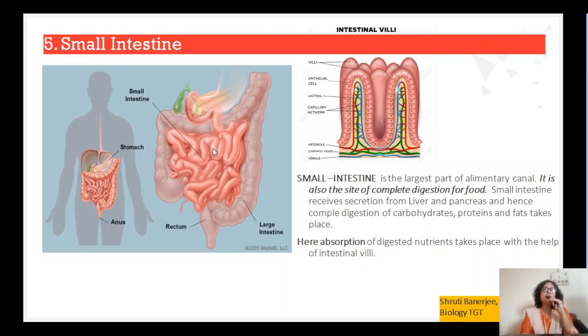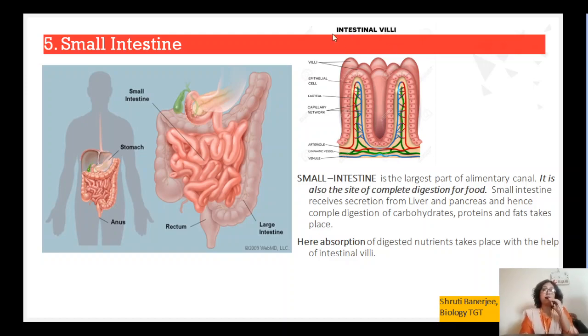See, if you cut a thin section from the small intestine, you will see inside its tube there are so many folded structures. These folded finger-like projected structures are known as intestinal villi.